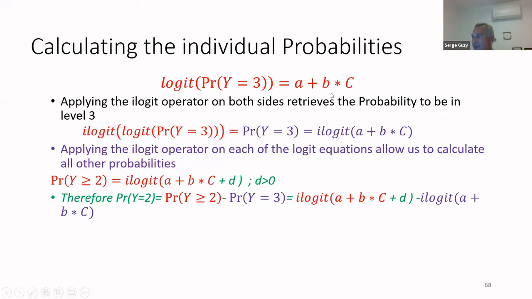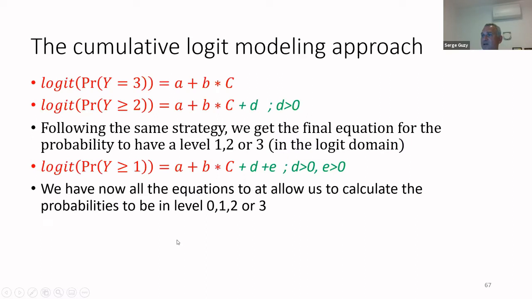Now I'm going to define the probability to get level 2, not directly, but I'm going basically to write an equation for the probability to get level 2 or 3, which is y larger than or equal to 2, equal to A plus B multiplied by C, which is basically what I just got before.